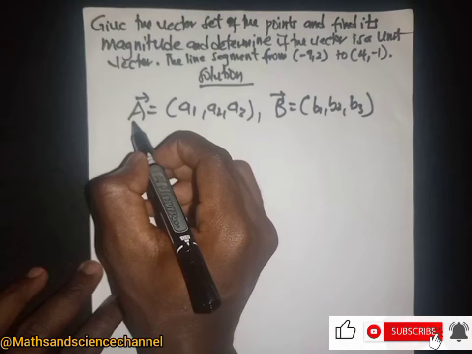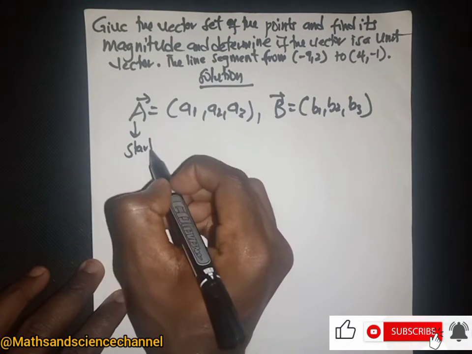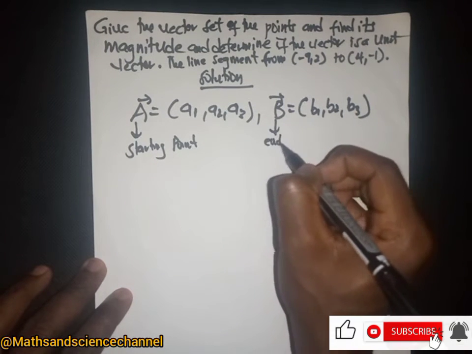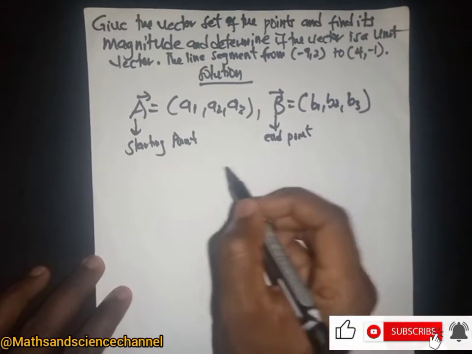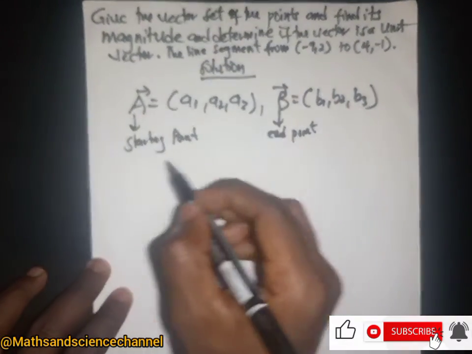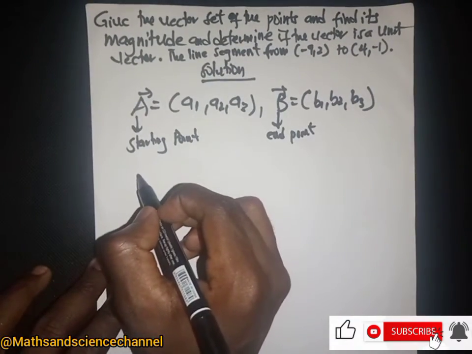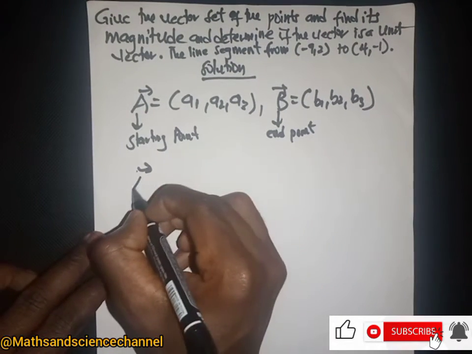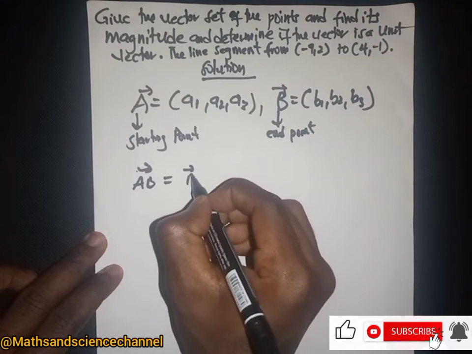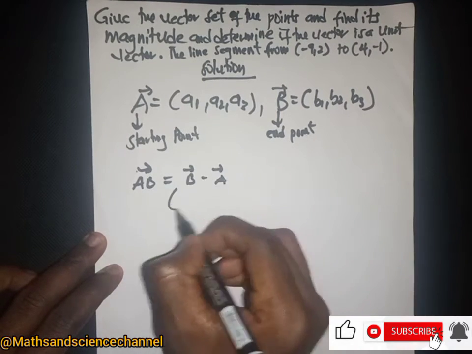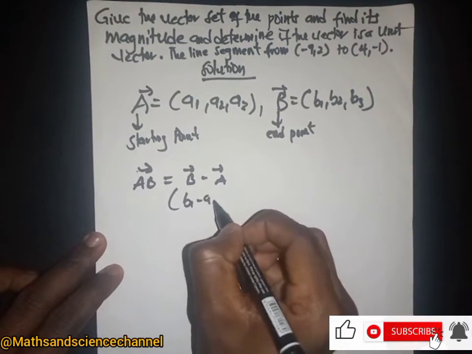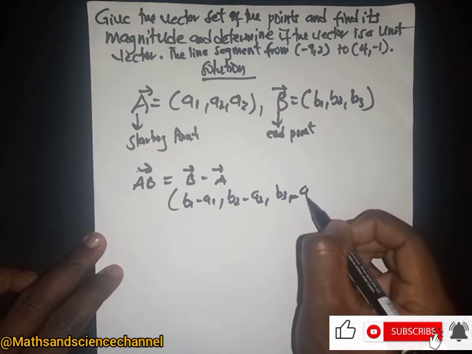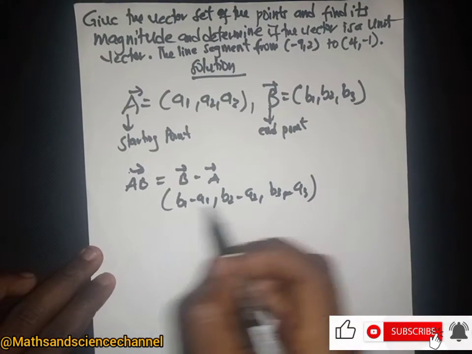Now if A is the starting point and B is the end point, then the total vector AB will be equal to vector B minus vector A. So we have b1 minus a1, b2 minus a2, and b3 minus a3. That is the general idea.